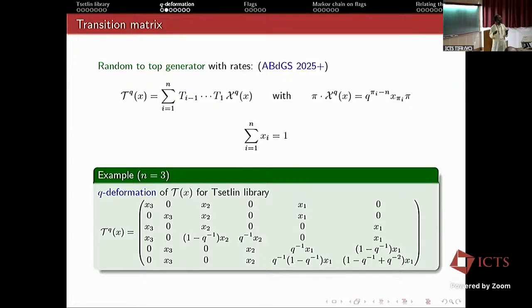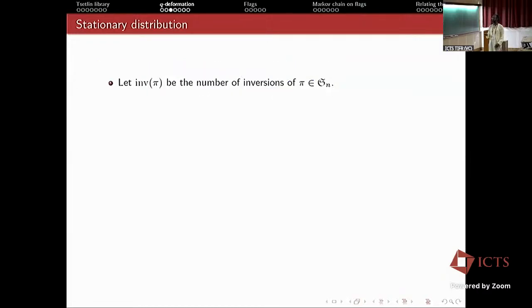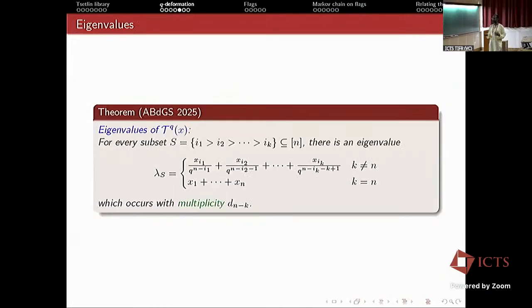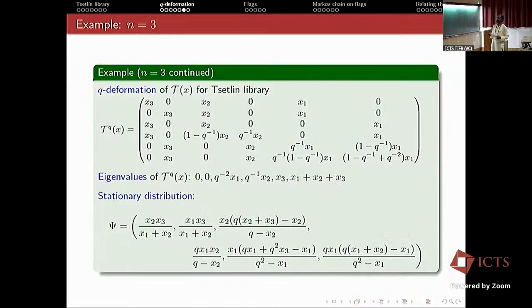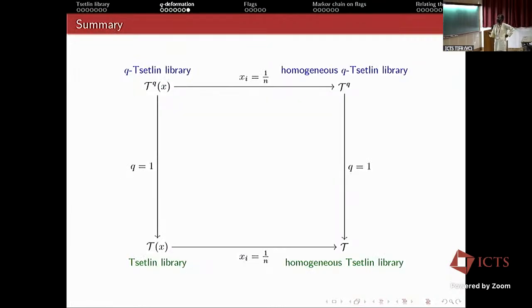It doesn't seem that hard, but we could not get it to work in any easy way. So our proof is completely using this finite field geometry. Just to summarize, this is our most general q-Tsetlin library. When you set q equal to 1, you get the Tsetlin library that I began with. And if you set xi equal to 1 over n, you get the homogeneous version, which was in this other paper from last year.